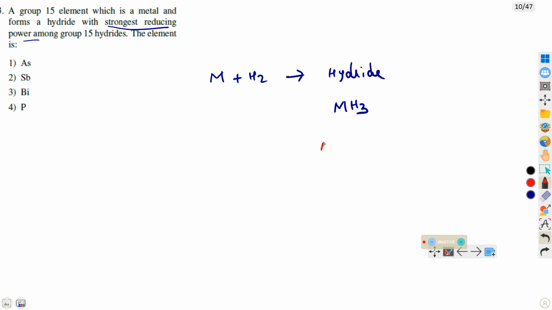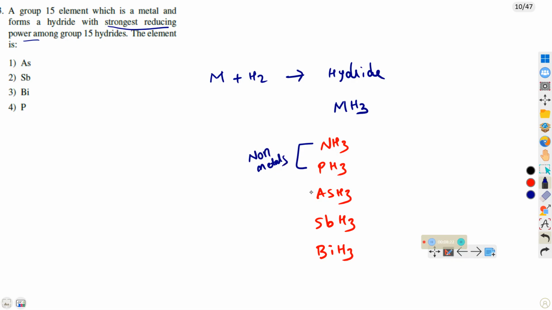Examples are NH3, PH3, AsH3, SbH3 and BiH3. First condition is given as metal. We know that nitrogen and phosphorus are non-metals. Arsenic and antimony are metalloids. Bismuth is a metal. Based on that, bismuth is the correct answer.